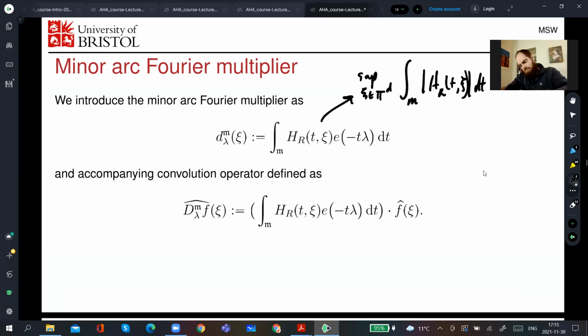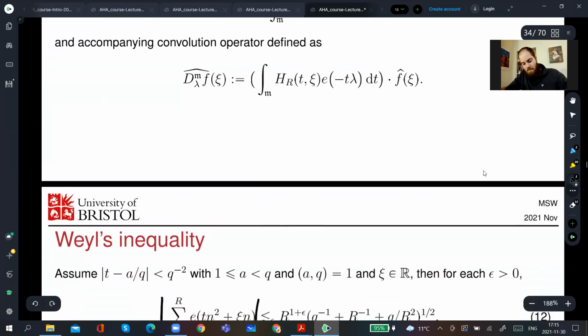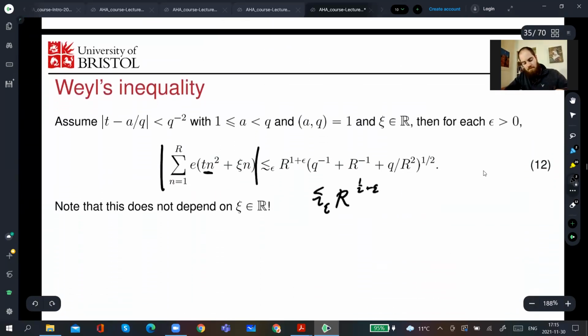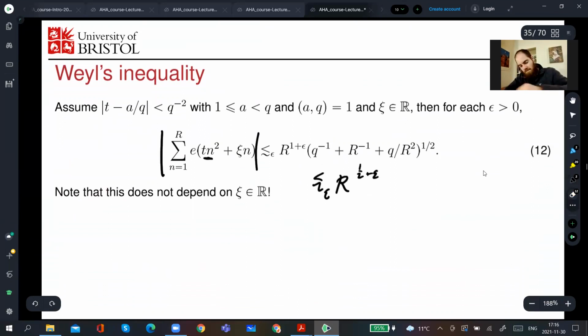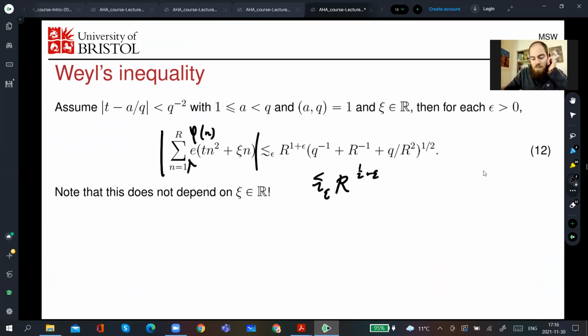And when we do that, we just apply Weil's inequality straight to this. Well, this was an exponential sum, the same one as here, but with a smoothing factor. And I didn't go over how to do this, but you can prove this form of Weil's inequality with the smoothing factor just as we proved this version in the first part of the course.